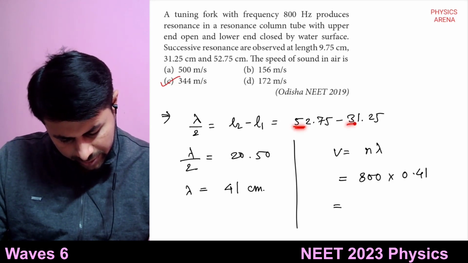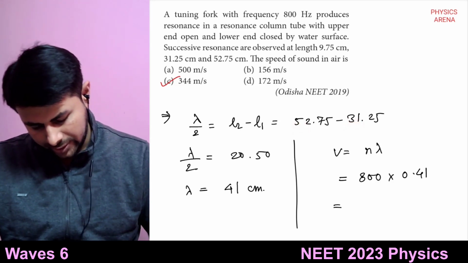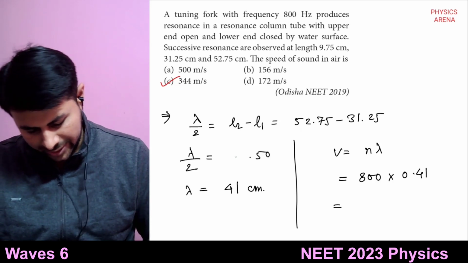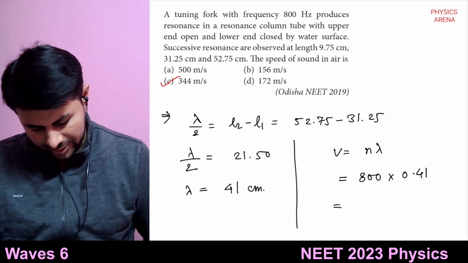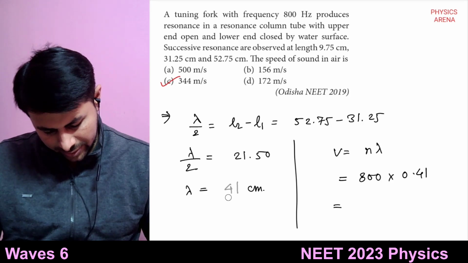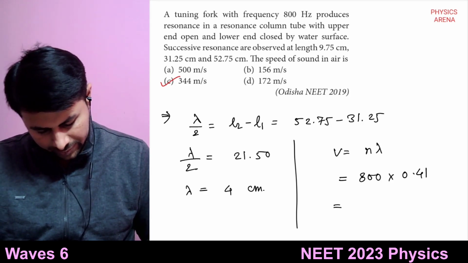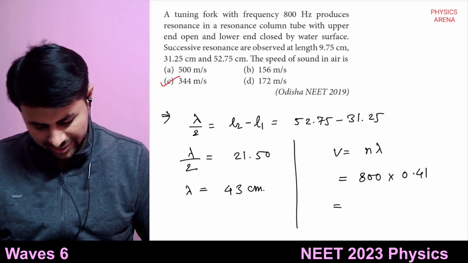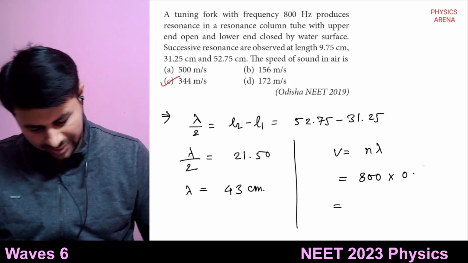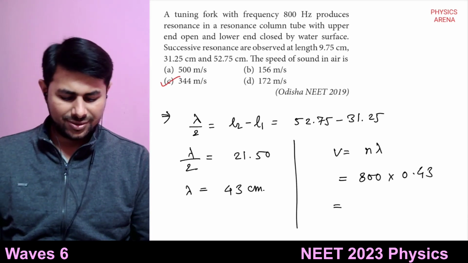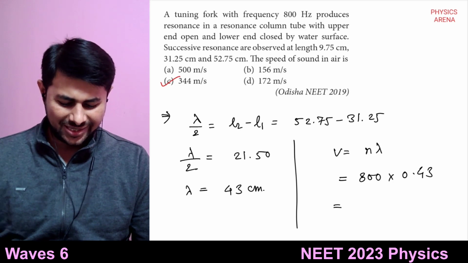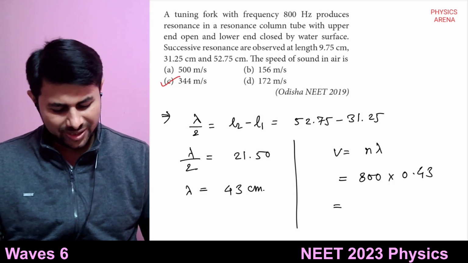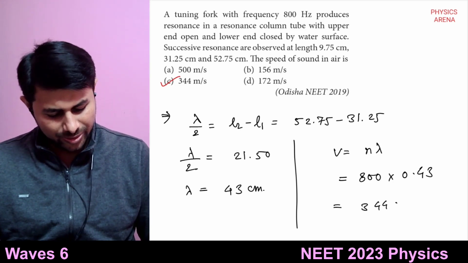This is 52 minus 31. Oh, this has to be 21, right? So this has to be 43. Okay, but since options are very well separated, it's option C, 344 meters per second.